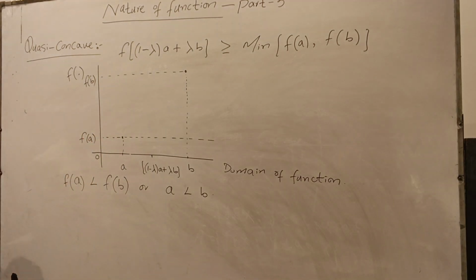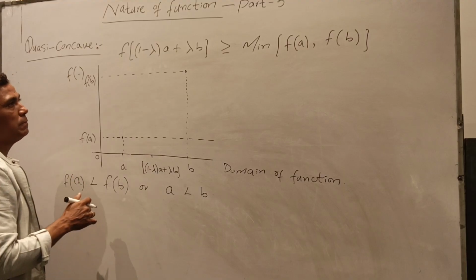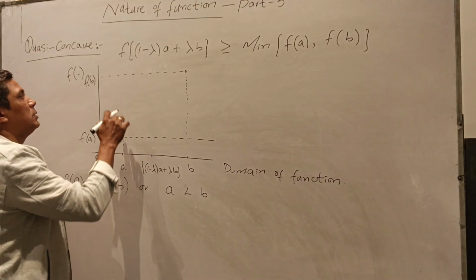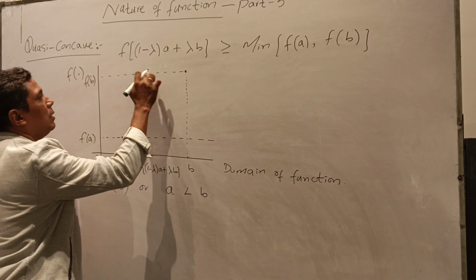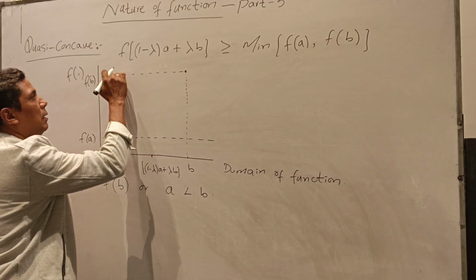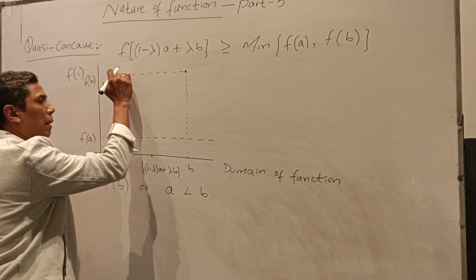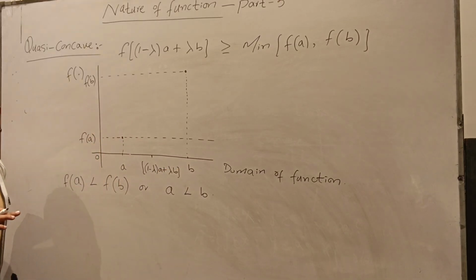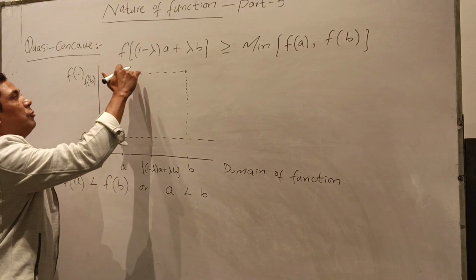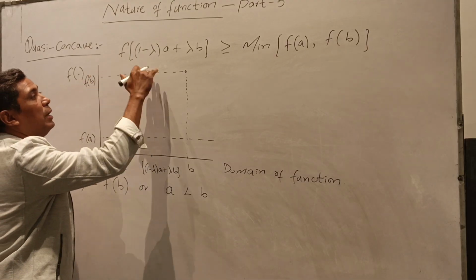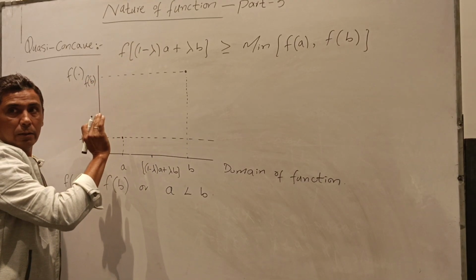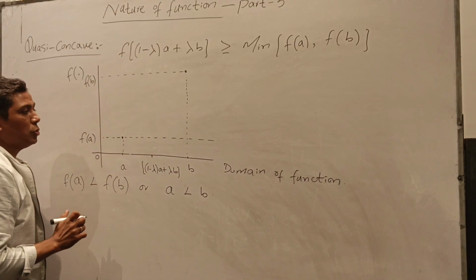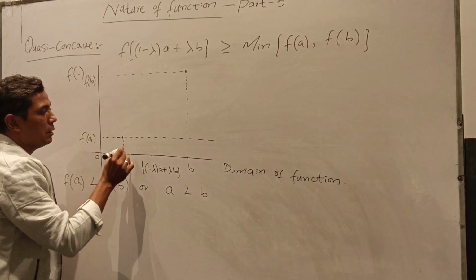Clear? And similarly, that line represents the minimum, at least the value of f(b). All the values will be greater than f(b) if all the values lie above that line. Clear? Okay. So what does it mean?